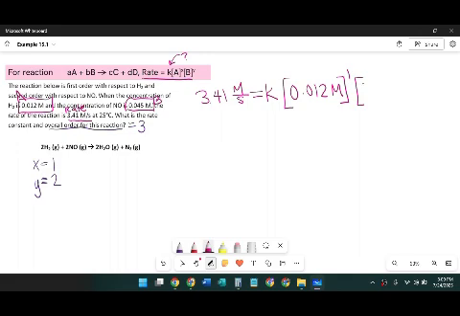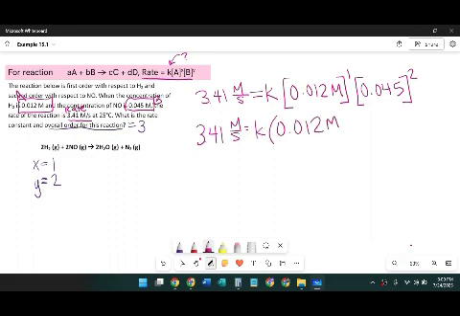And then the NO is 0.045, and because it had a 2 for its order, it goes there. All right, so let's go ahead and start with those two. So this one is just going to be 0.012 M.